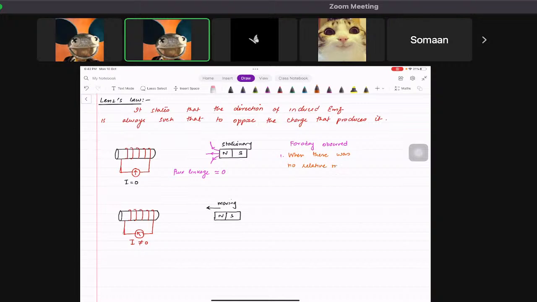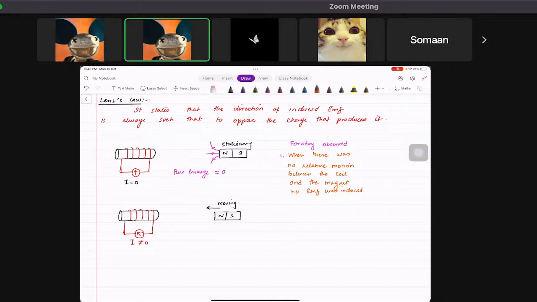Relative motion means that either the coil or the magnet is moving towards or away from each other. Like you see in the first one, right?